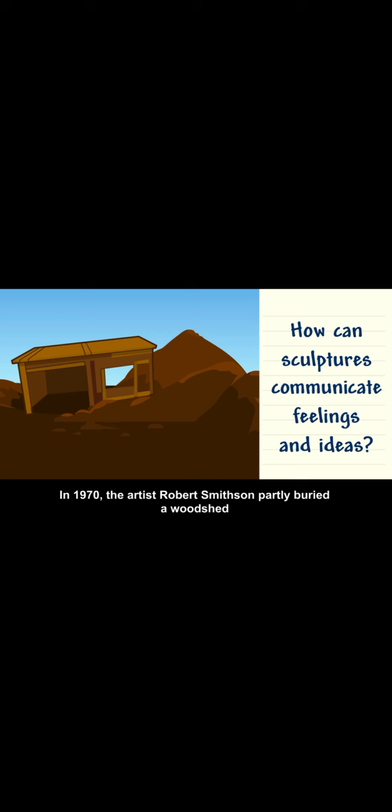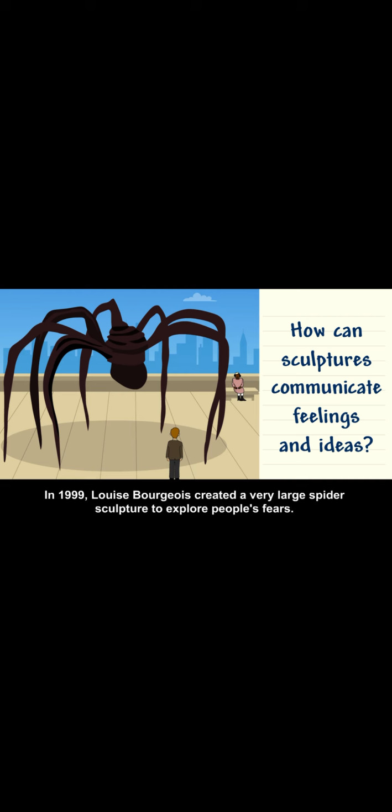In 1970, the artist Robert Smithson partly buried a woodshed to explore how time and nature can change things that humans make. In 1999, Louise Bourgeois created a very large spider sculpture to explore people's fears.